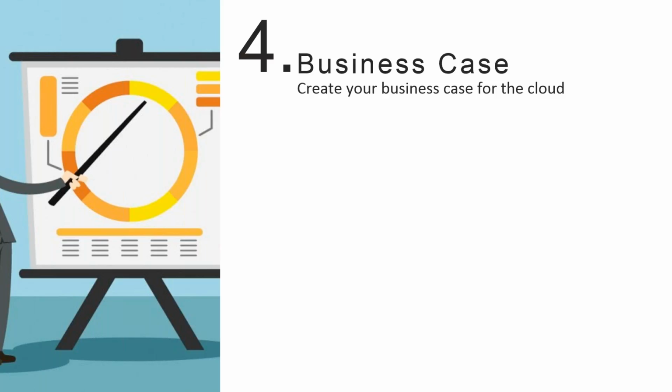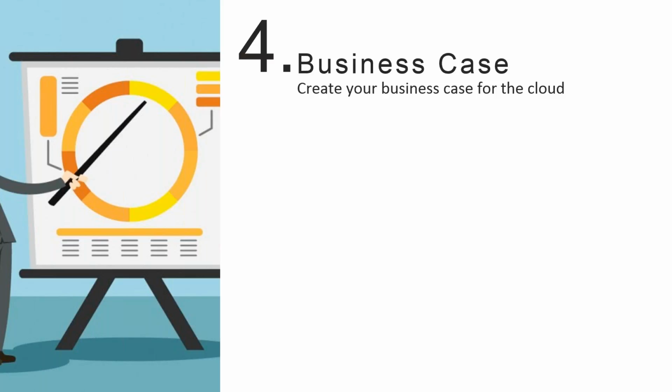So the first step really is to elaborate on the goals of migrating to the cloud that we've identified in our step 1, and really perform an honest, objective analysis on the benefits you'll gain from migrating to the cloud.